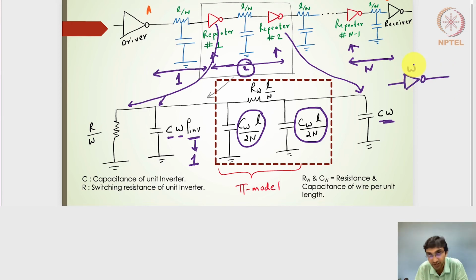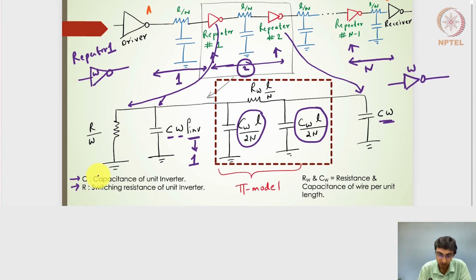If it has a width of W, then I will have C into W. And if repeater number 1, which is nothing but inverter number 1, is of size W, then I will have CW rho inverse. Right? Remember that RW and CW are the resistance and the capacitance of the wire per unit length of the wire. And C and R are nothing but the capacitance of the unit inverter and the switching resistance of the unit inverter, right?